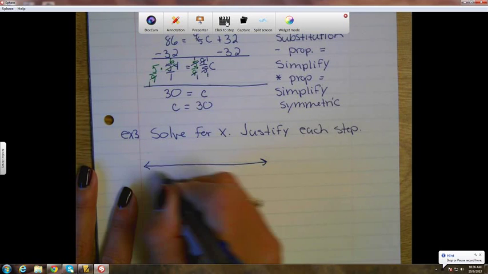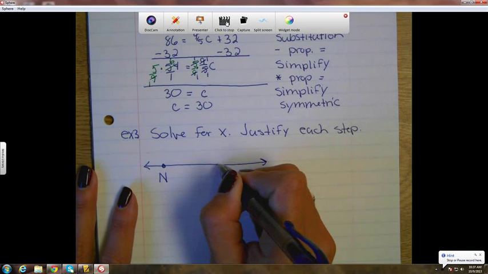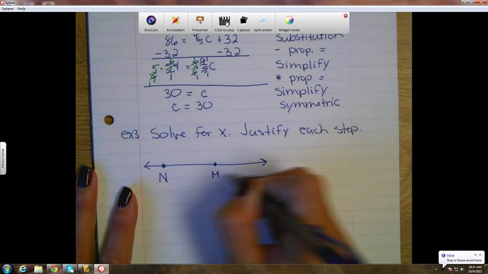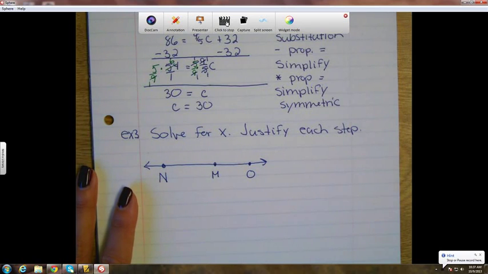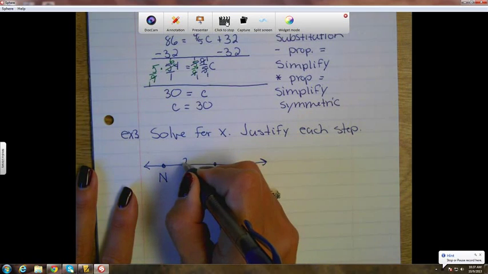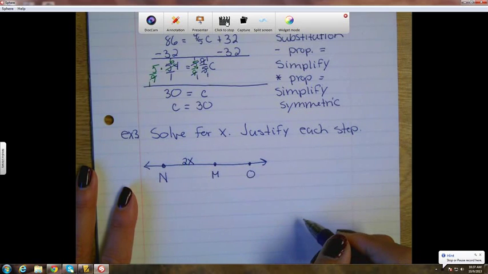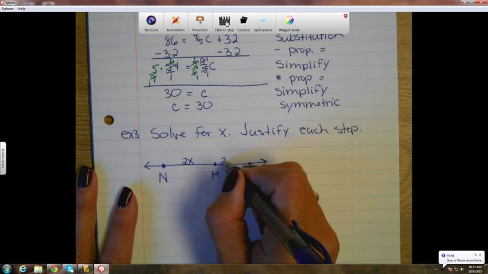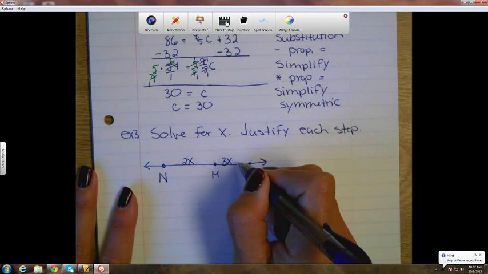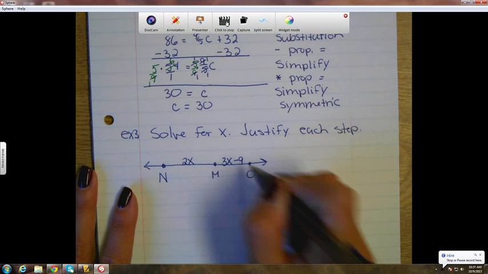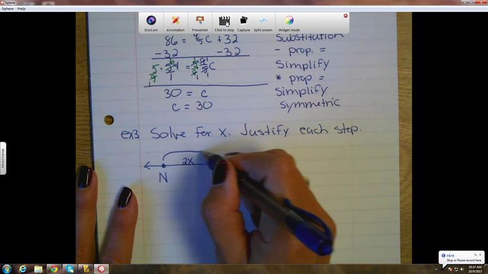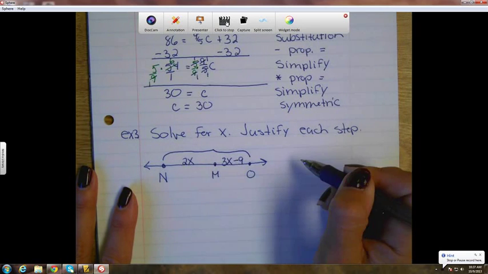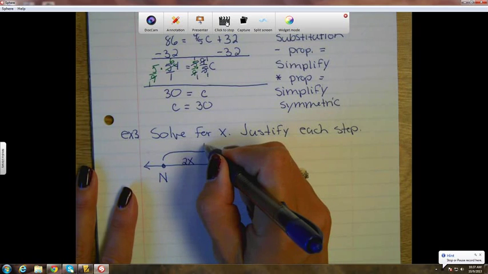Got a line, we're going to pick out a couple points on it, N, M, and O. The distance from N to M is 2x. The distance from M to O is 3x minus 9. And the distance from N to O is 4x minus 4.